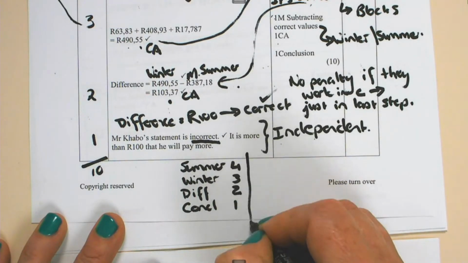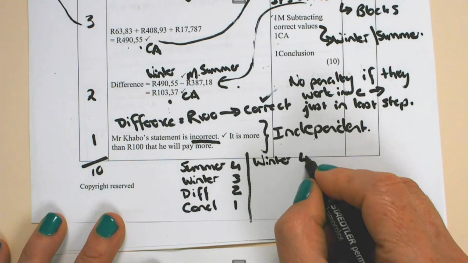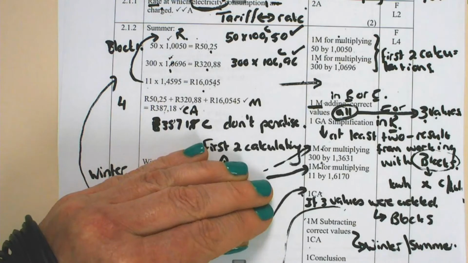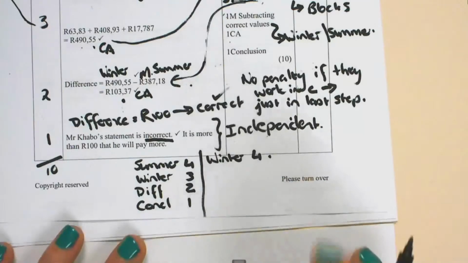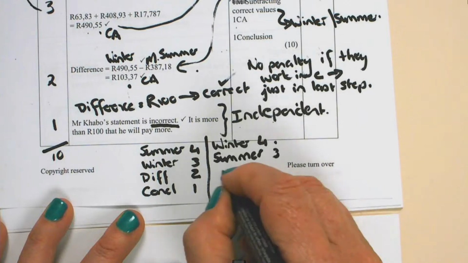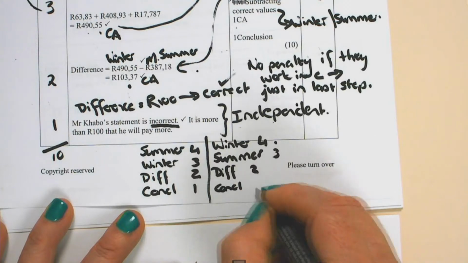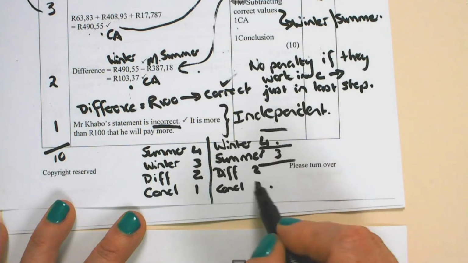Now, if the learners do winter first, then you mark winter for 4 marks. In other words, you mark 2 for the 2 steps, you give 1 for the adding, and 1 CA. So if the learners didn't do summer at all, they can get 4 marks on winter, if you understand what I mean. Summer, if they do it then, will get 3 marks. The difference will still be 2 marks, and the conclusion will be 1 mark. And all of these can be marked kind of independently.